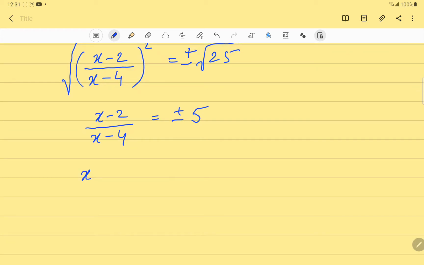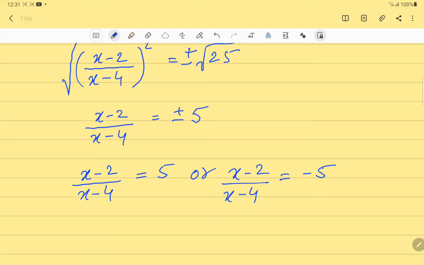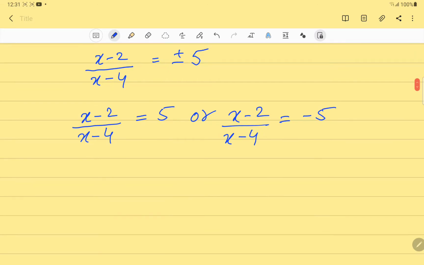So (x minus 2) over (x minus 4) is either equal to 5 or (x minus 2) over (x minus 4) is equal to minus 5. Now we will cross multiply here.